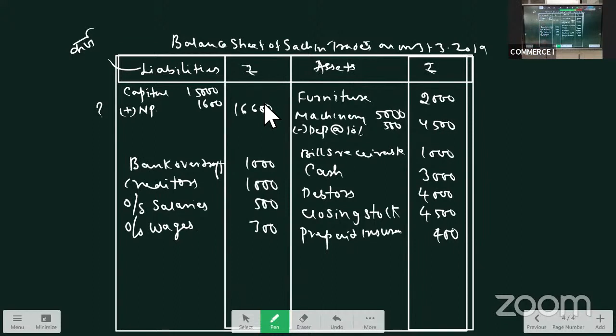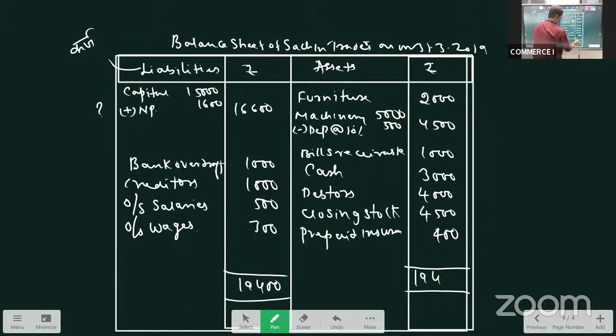Okay, now let us see the total on both the sides, asset side and liability side. Sixteen, 17, 18, 19,400. 6, 5, 7, 5, 10, 5, 14, 5, 18, 5, 19,400. Done. The balance sheet is done.